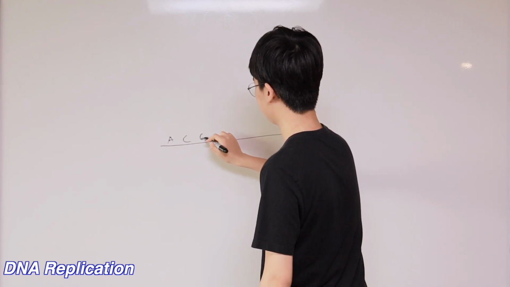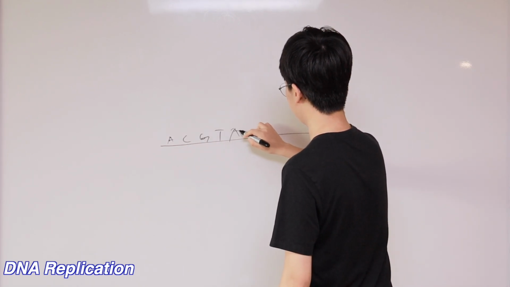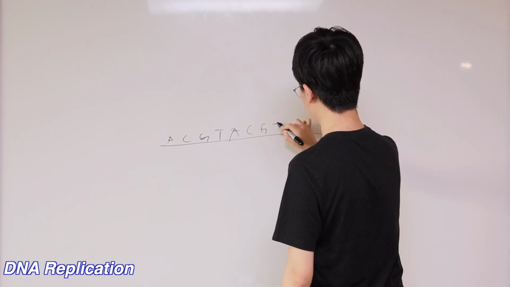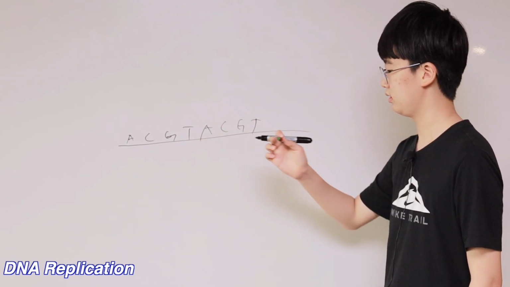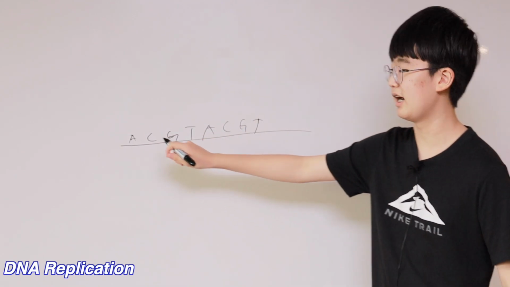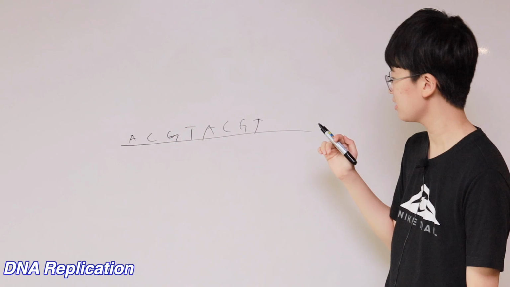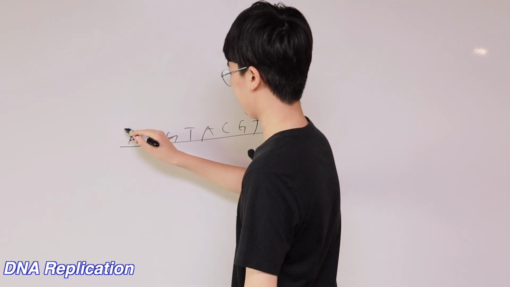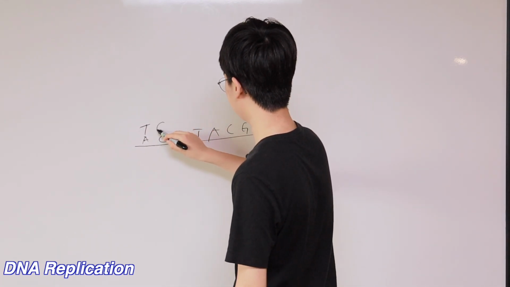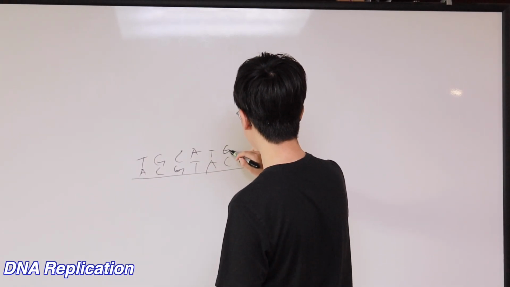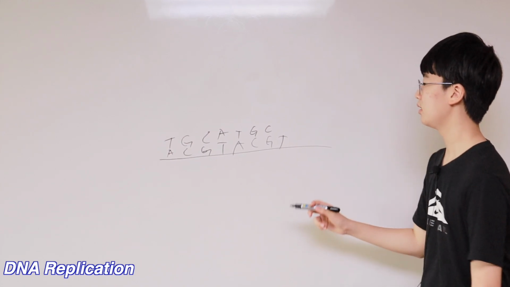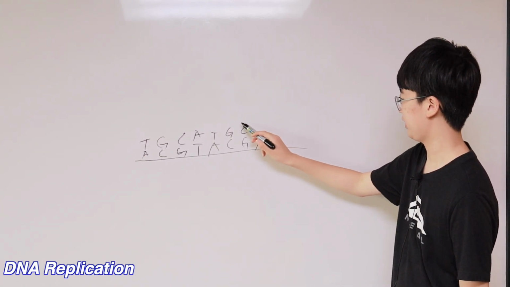A, C, G. Just a very simple sequence. And so there comes T, G, C, A, T, G, C, but the polymerase over here.